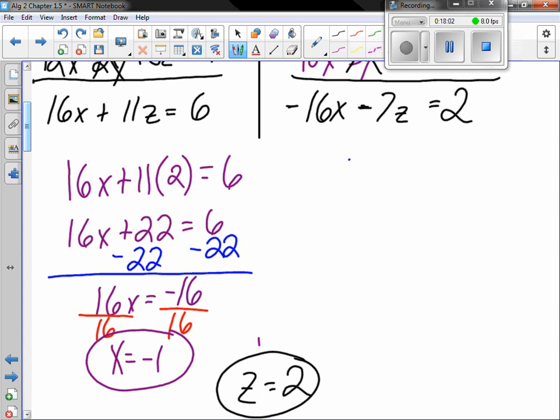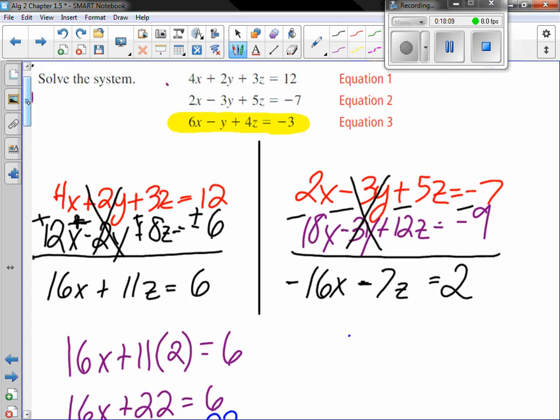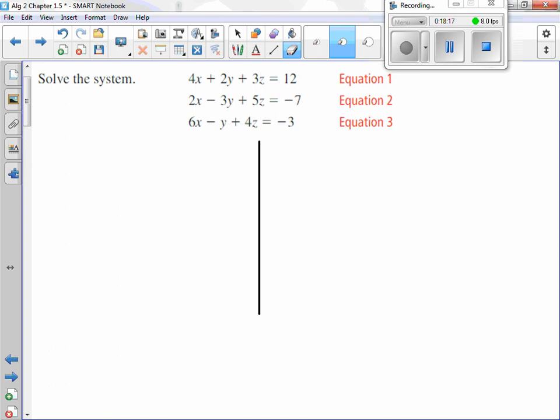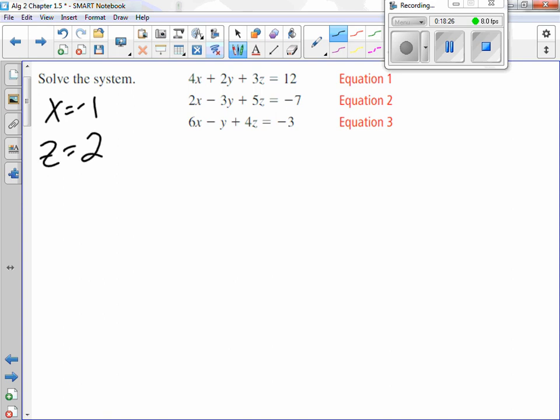We don't know what y is, but we know z is 2. Okay? I'm going to erase all this here for that line. And there we go. So we know x is negative 1 and z is 2.